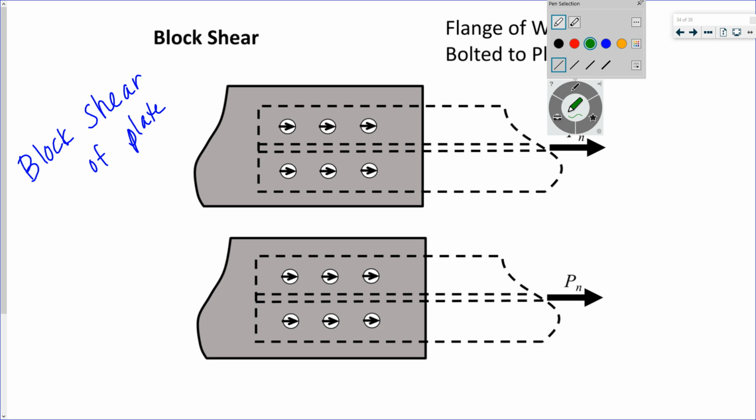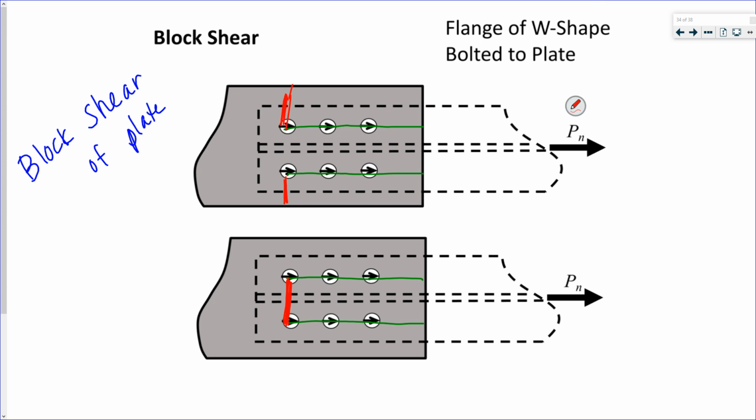Chunks could break off, right, two little chunks could break off, but what would be more likely, right, is if one middle chunk broke off, right? This length is probably shorter than these two put together. You never know.